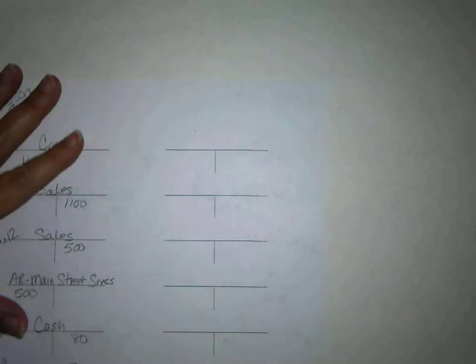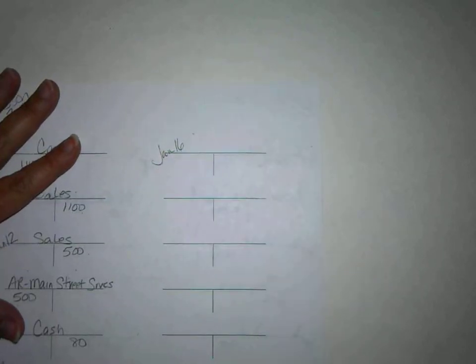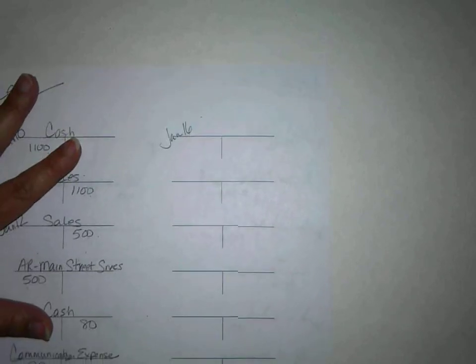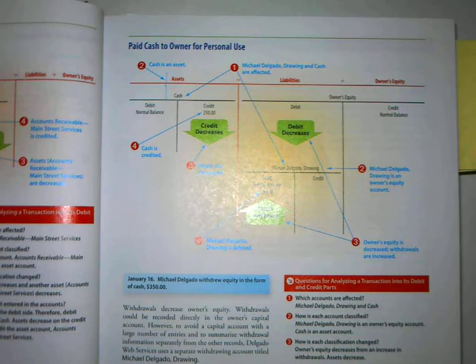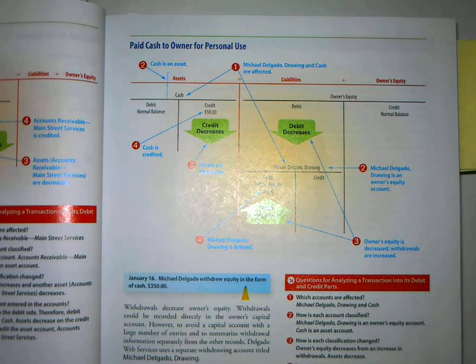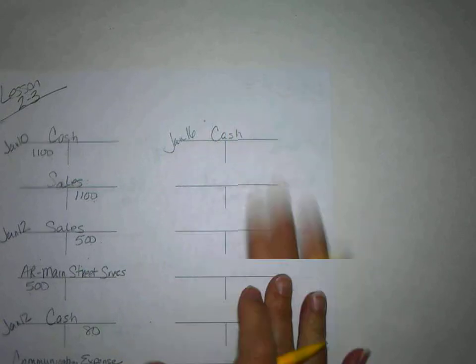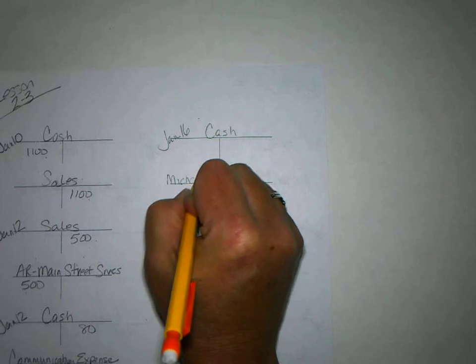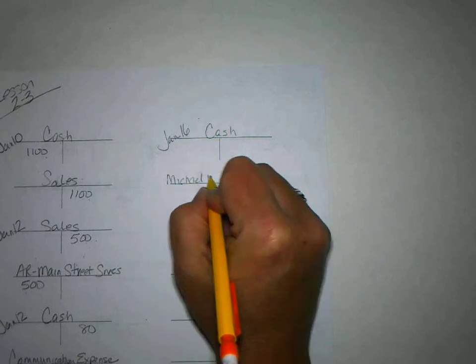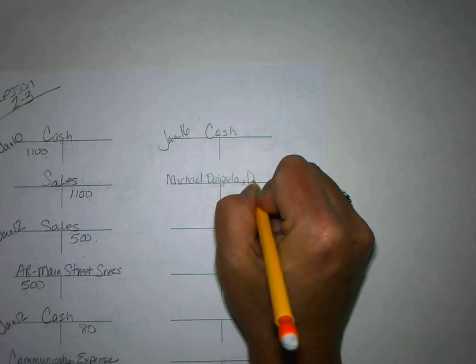Okay, and then the last one for this is January 16th. And that one is Michael Delgado withdrew equity in the form of cash of $350. So it's going to affect cash and the drawing account. So this one again has his name, Michael Delgado, comma, drawing.